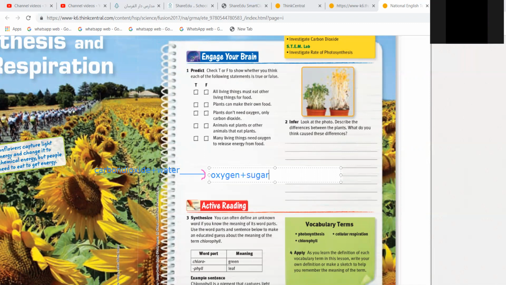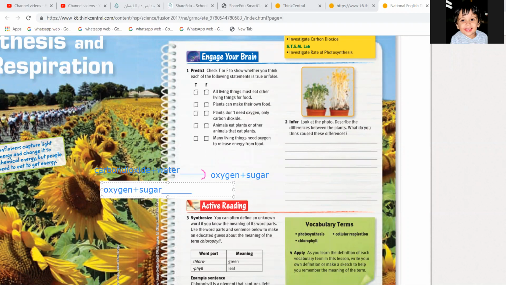Now, what I taught you girls in the previous lesson, when you come to cellular respiration, it is opposite. Your equation will start with oxygen plus, exactly opposite, girls, plus sugar, because we need oxygen and sugar.